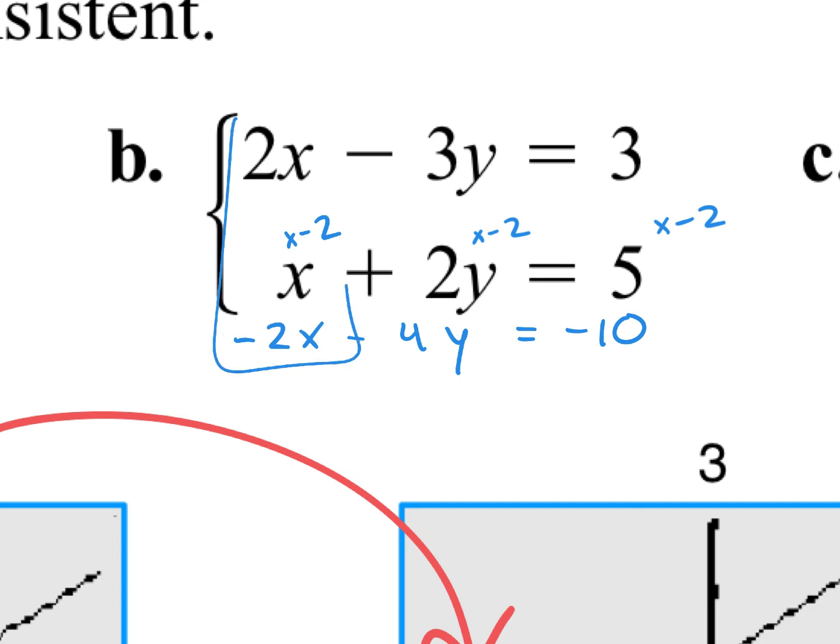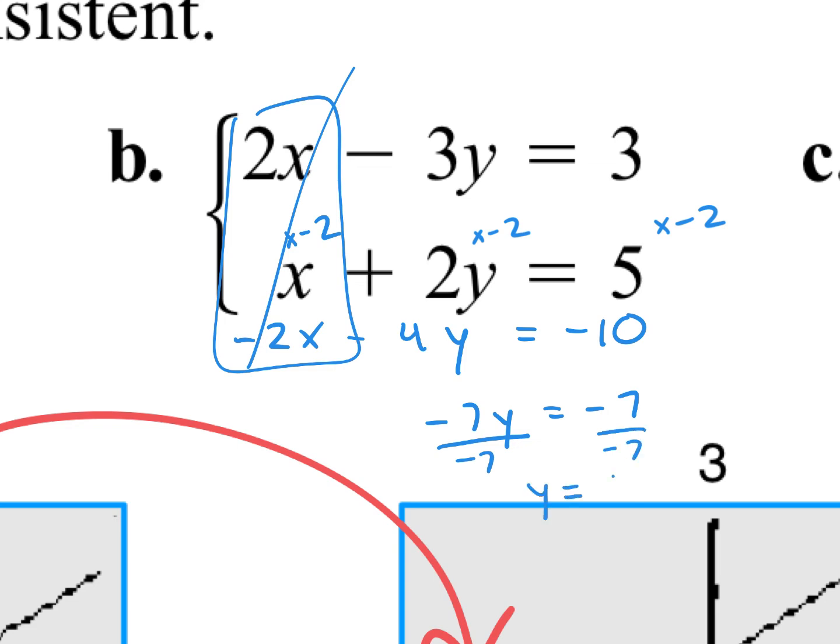My x's cancel now. What is negative 3y minus 4y? Negative 7y, and it's equal to 3 minus 10, so negative 7. Divide both sides by negative 7. So y is equal to what? 1.